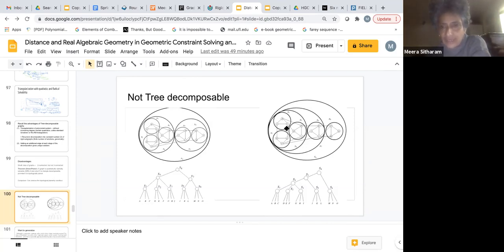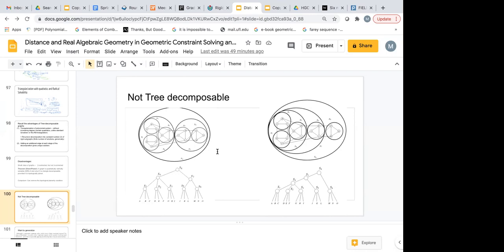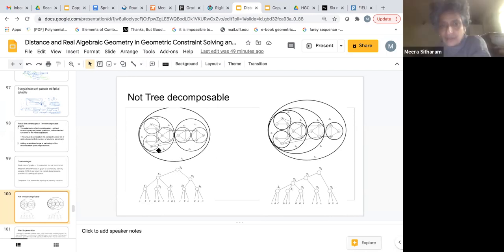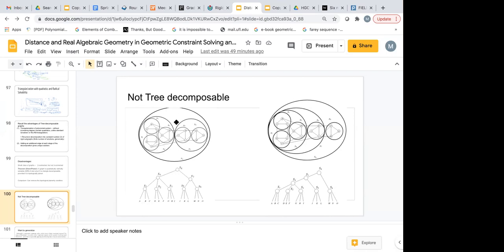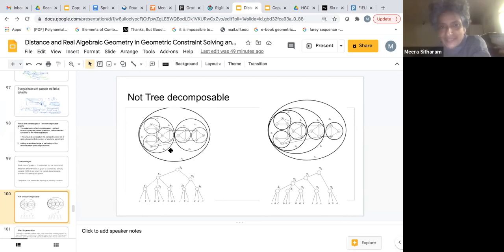So the graph on the left and the graph on the right are identical. They are the same graph. The circles on the right side represent rigid subgraphs of the original graph.